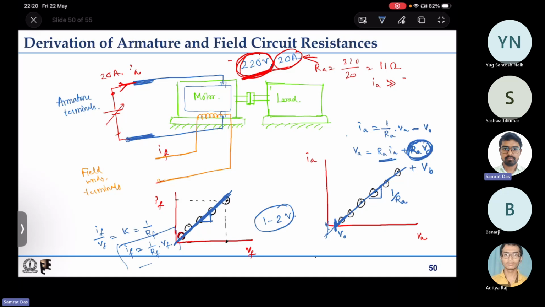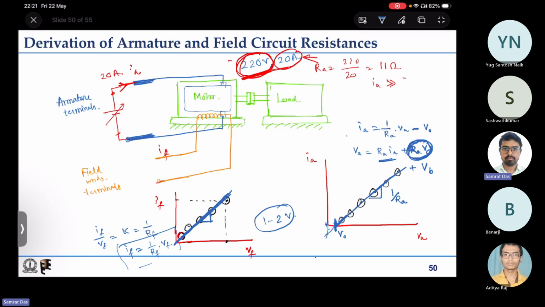But when you are calculating the power loss, some significant power loss happens in the brush contact. So during power loss calculation, it is important to consider this brush voltage drop also.